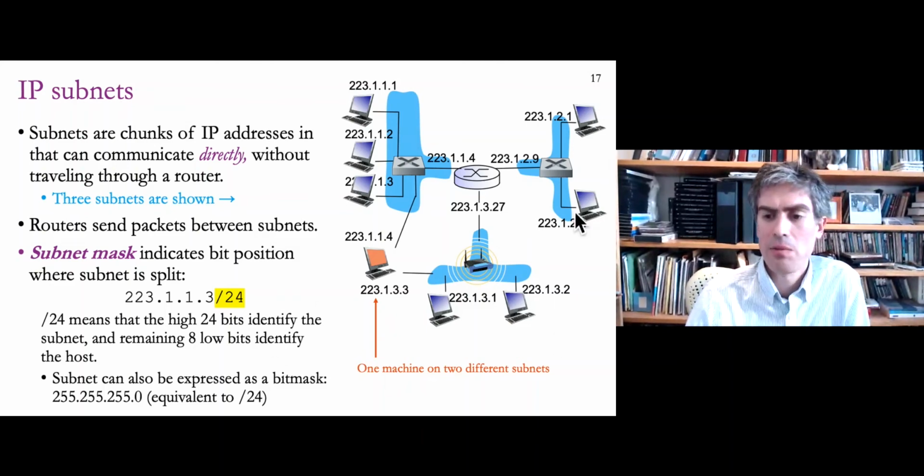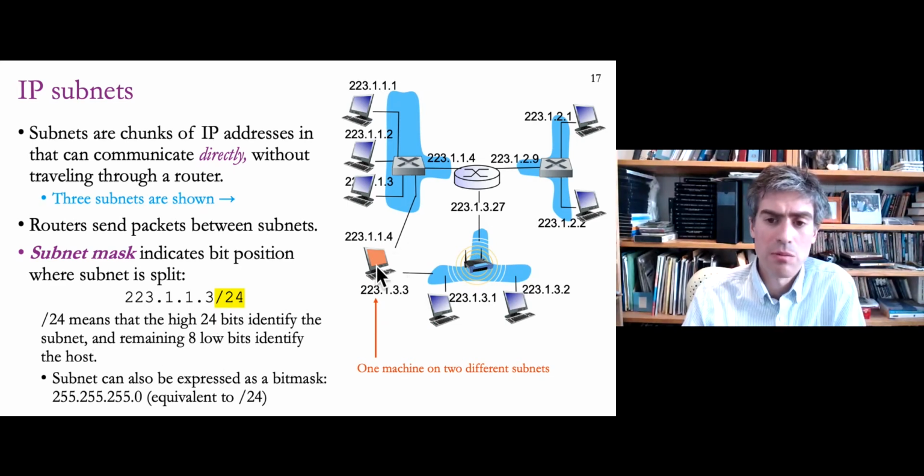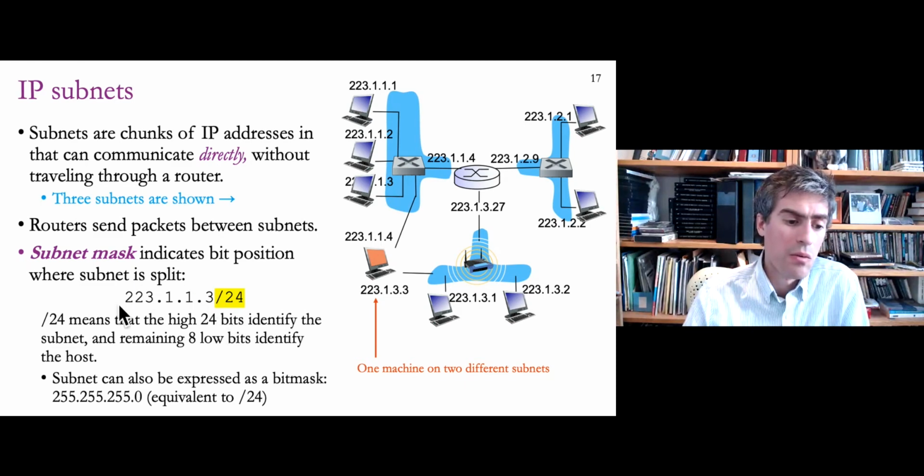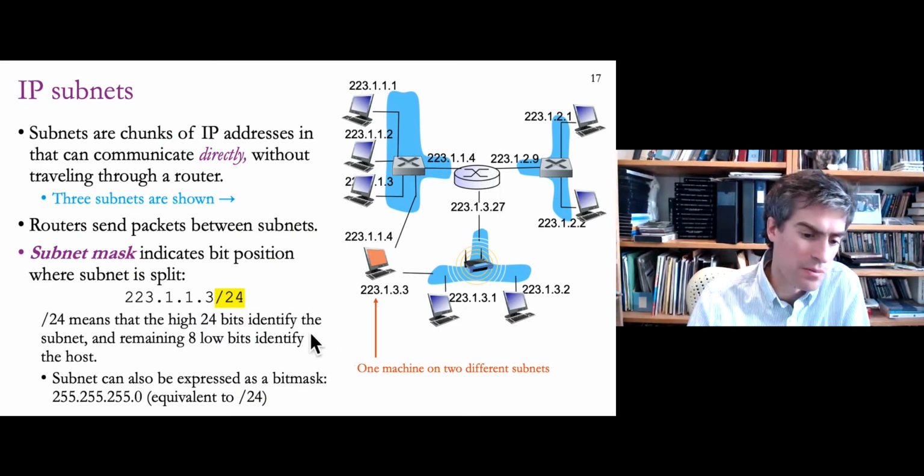Okay, but in this example, we have a bunch of /24 subnets, which means that the highest 24 bits of the addresses identify the subnet. So if you have another IP address and the top 24 bits are the same, which is true of these three machines, for example, then they are on the same subnet. But if one of the high 24 bits is different, that means it must be on a different subnet, which means that you have to send the packet through a router to reach that destination.